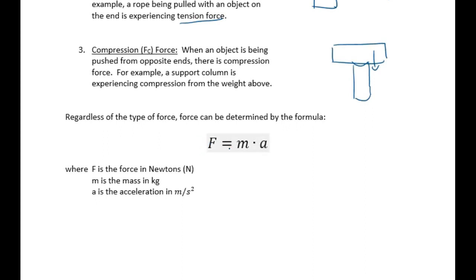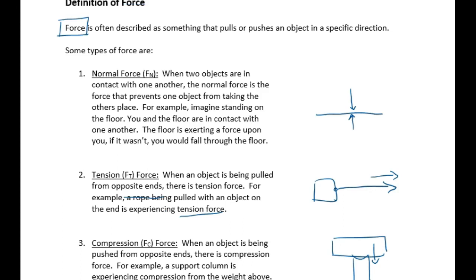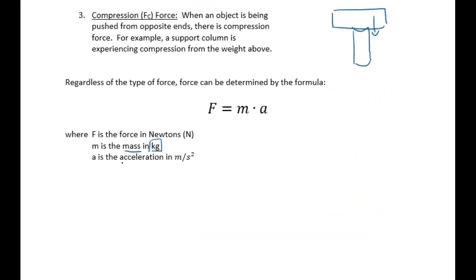Force, F, is equal to M times A, where M is the mass of whatever you're looking at in kilograms, and A is the acceleration of the object, measured in meters per second squared. The force is measured in newtons, so that may or may not be a new unit that you've never seen before, but force is measured in newtons, denoted capital N.